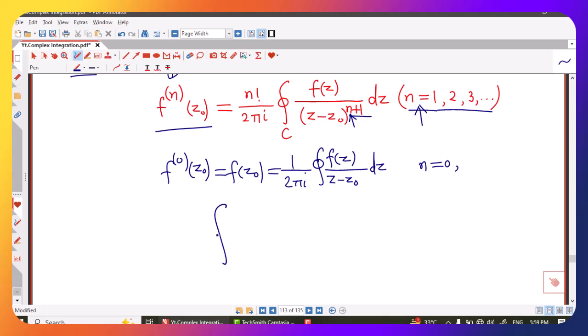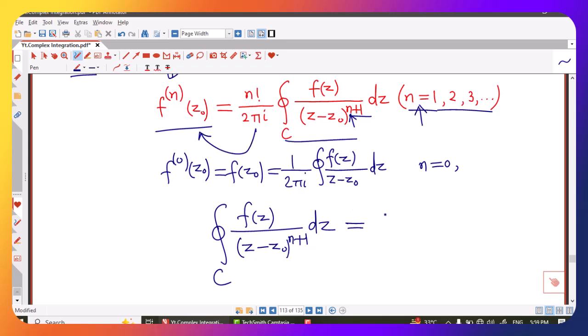So whenever we have this type of complex line integral, f of z divided by z minus z0 to the power n plus 1, we can consider this on the left hand side, and our formula becomes 2 pi i divided by n factorial times the nth derivative of f at point z0. We can consider n equal to 0 also. For n equal to 0, we have the basic Cauchy integral formula, and in that case we will have f of z0.